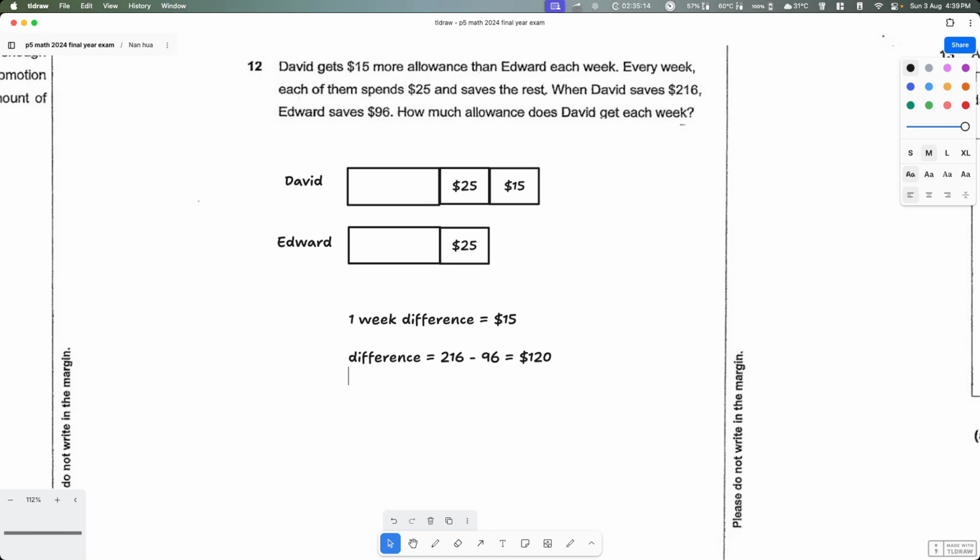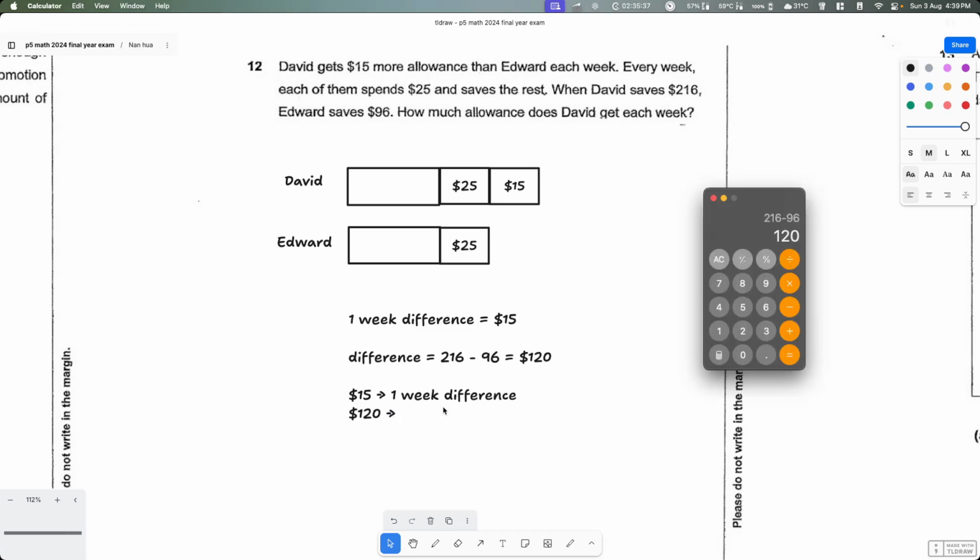So since we know $15 is one week difference, I'm going to write this here. So $120, how many weeks difference is that? Divided by 15, this will give us 8.